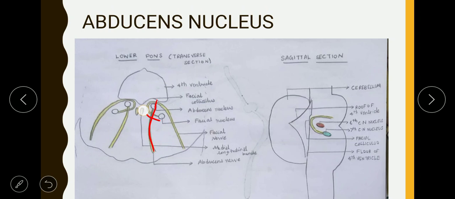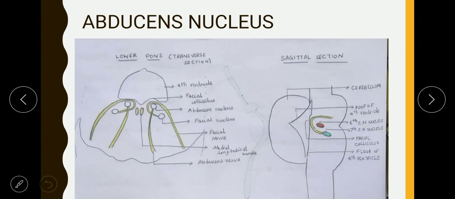The fibers from the facial nerve as they emerge from the seventh cranial nerve nucleus move behind the sixth cranial nerve nucleus and come out laterally when compared to the abducens nerve. So when the fibers of the facial nerve move behind the sixth cranial nerve nucleus, they produce an elevation which is known as the facial colliculus. So this is known as the facial colliculus, an elevation seen here.